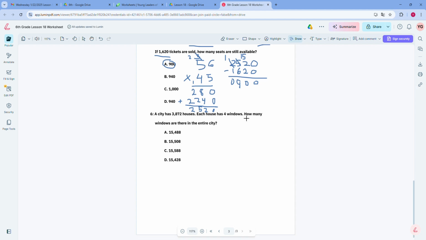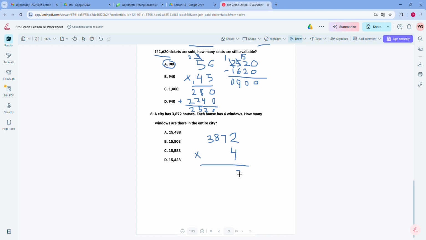A city has 3,872 houses. Each house has 4 windows. How many windows are there in the entire city? So this one is just 3,872 times 4.